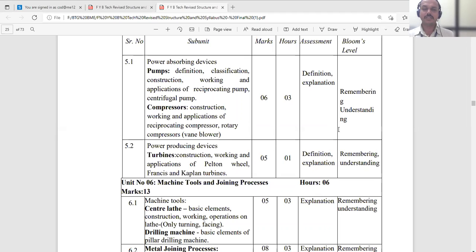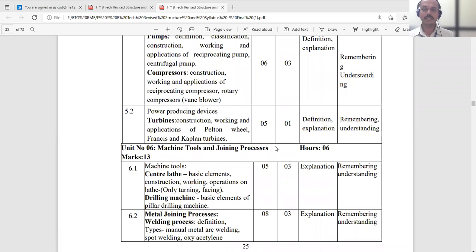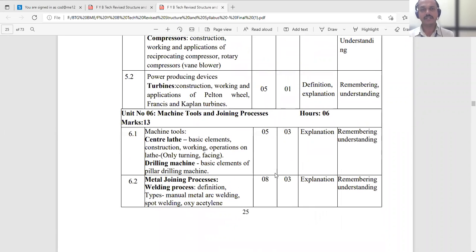Then the next chapter is machine tools and joining processes. This chapter is related to manufacturing engineering, or the manufacturing department, or also the production department. We can call it manufacturing or production, both. In that, 2 very important machineries are included.